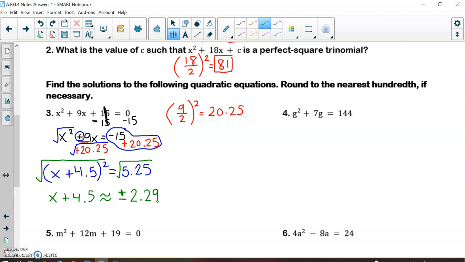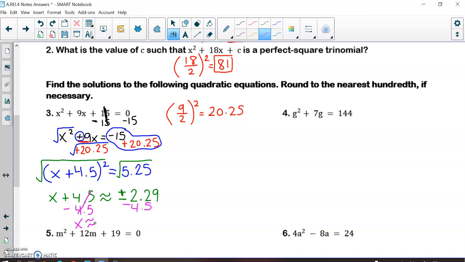All right, now we're going to isolate x by subtracting 4.5 from both sides. Now I get x is approximately equal to, because I rounded within my work, so it's not going to be an exact answer.